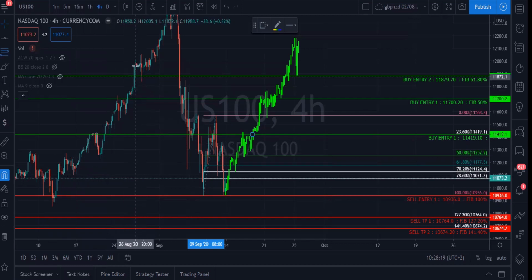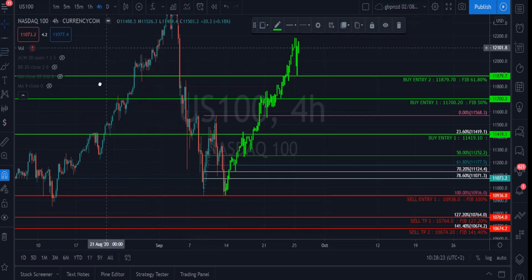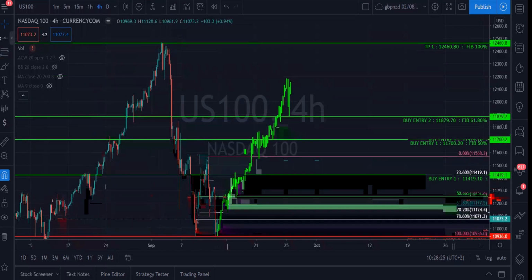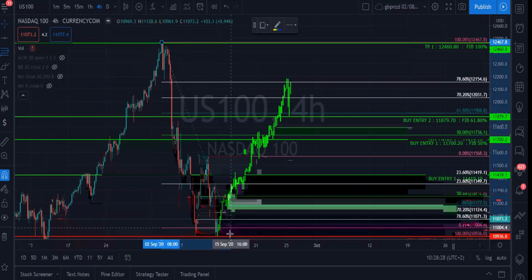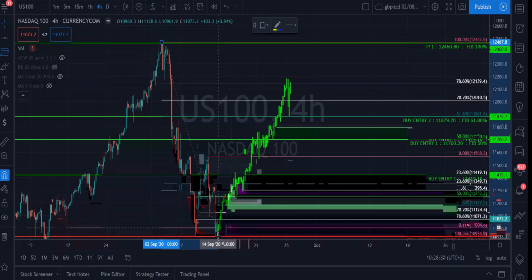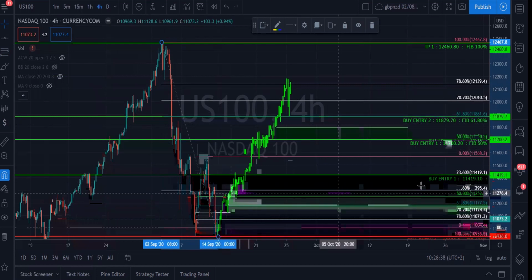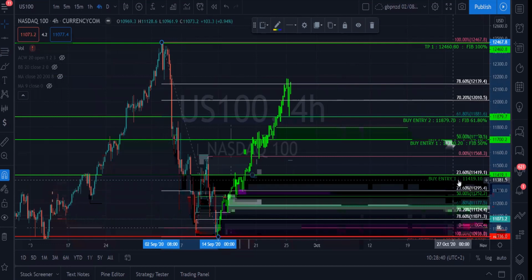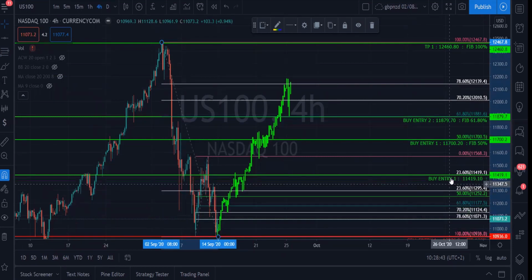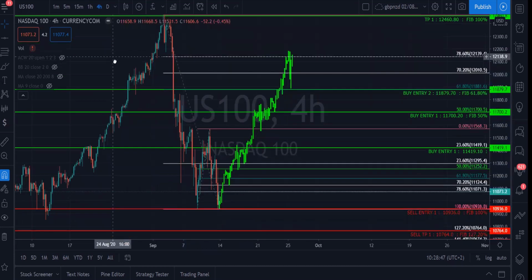Let me pull this one again. I'm going back to where I was. We're going to do more buy entries. Right, so we had 50% and 23.60. You see what I've done?